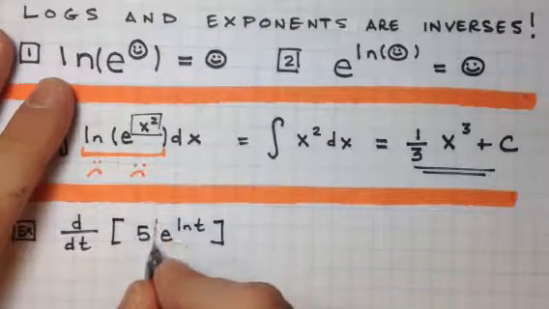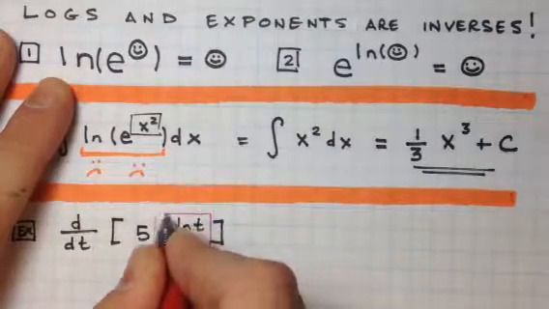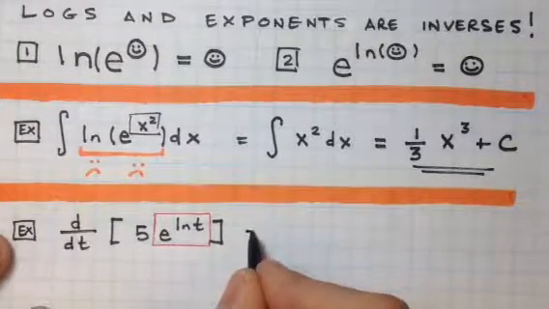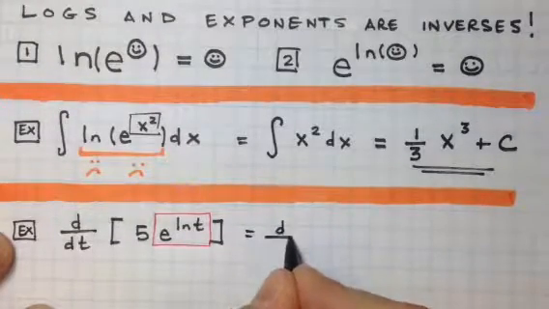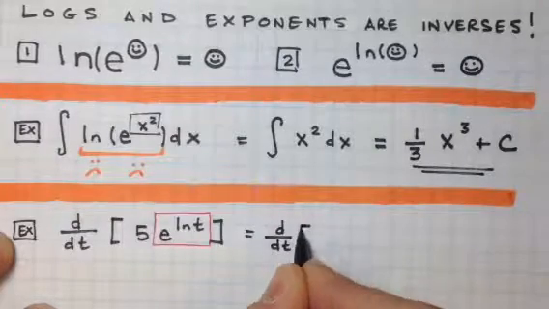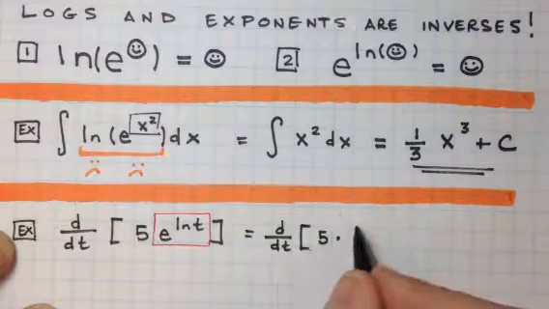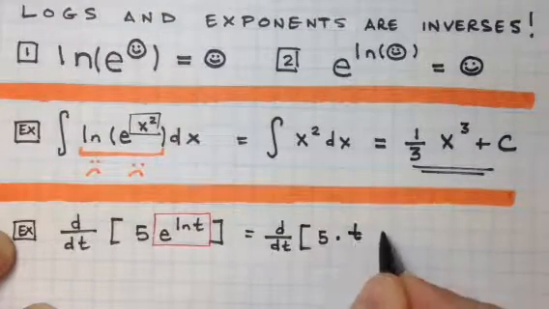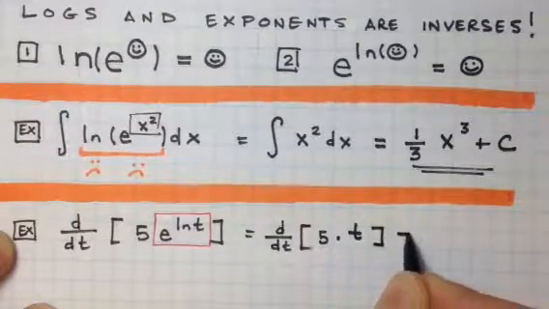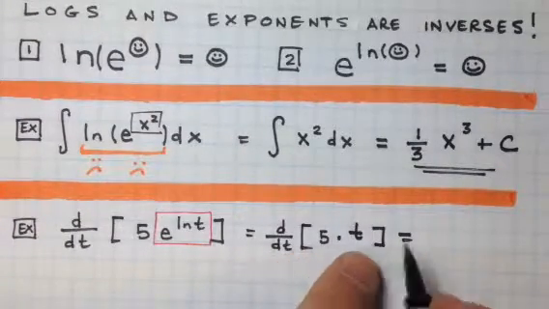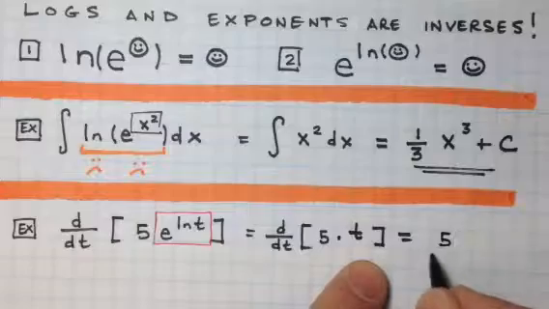The quick way is to note that we can use our inverse properties to simplify that statement. So this is equivalent to the derivative with respect to t of 5 times that whole thing is just equal to t. And now we can take the derivative. The derivative of 5t is equal to 5.